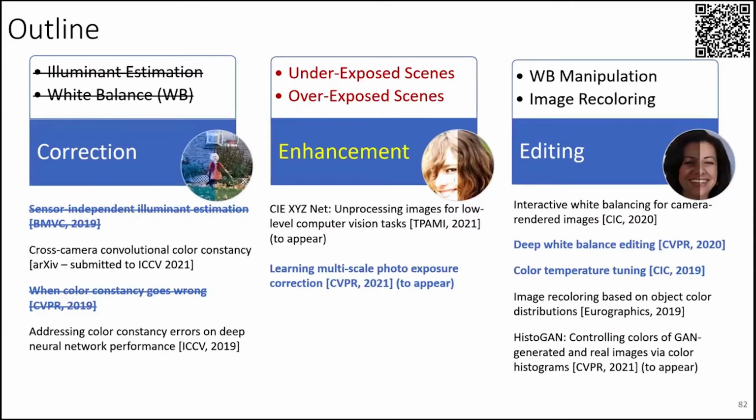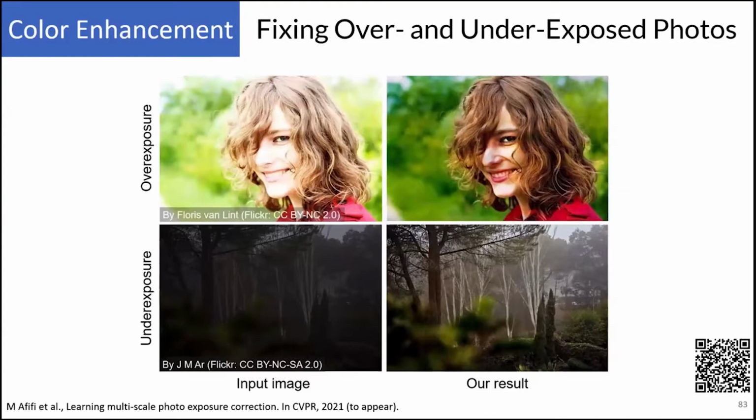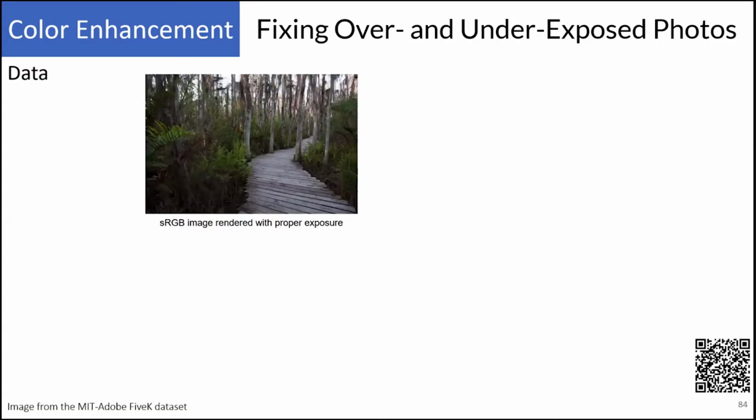So here I will go with learning multi-scale photo exposure correction. As a teaser, I'm showing our results with under and overexposed images, and those images are from Flickr, so our method generalizes very well. Our method is learning-based, so we have to think about the data.